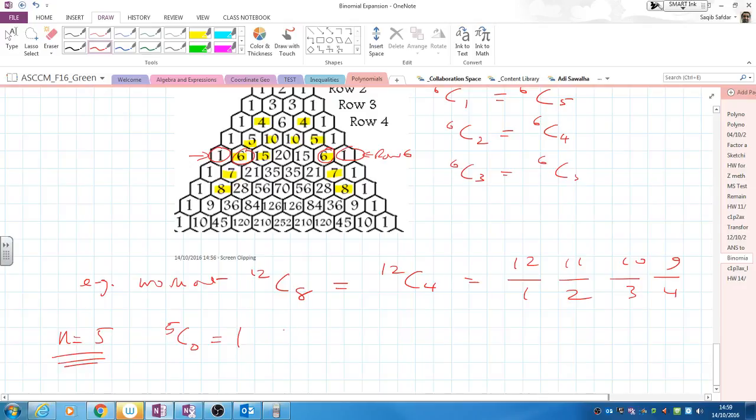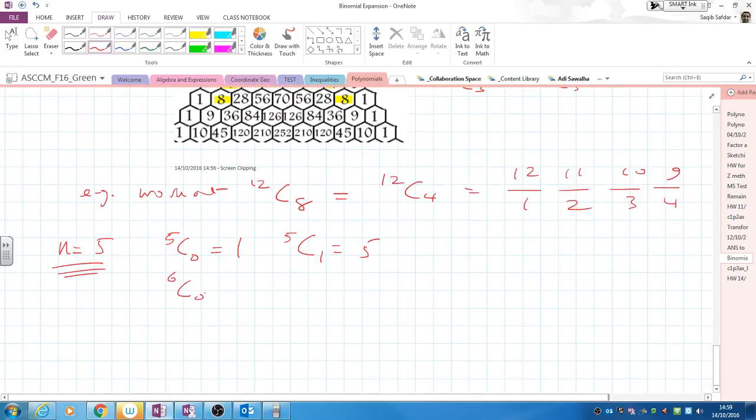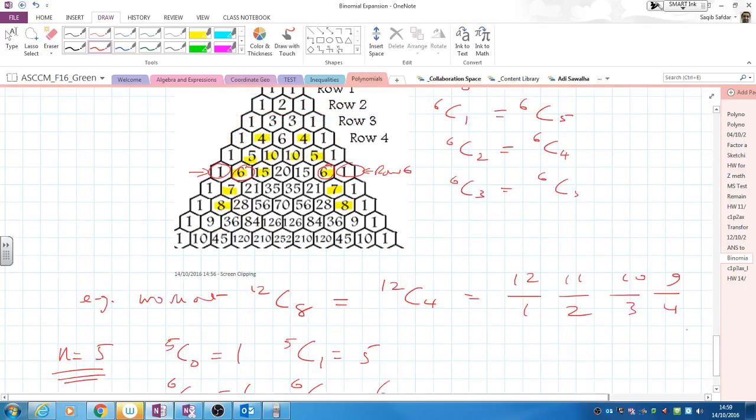If I do 5C1, what do I get? 5. If I do 6C0, what do I get? 1. If I do 6C1, what do I get? 6. If I do 50C0, what do you get? First term. 50C1. 50. Exactly.